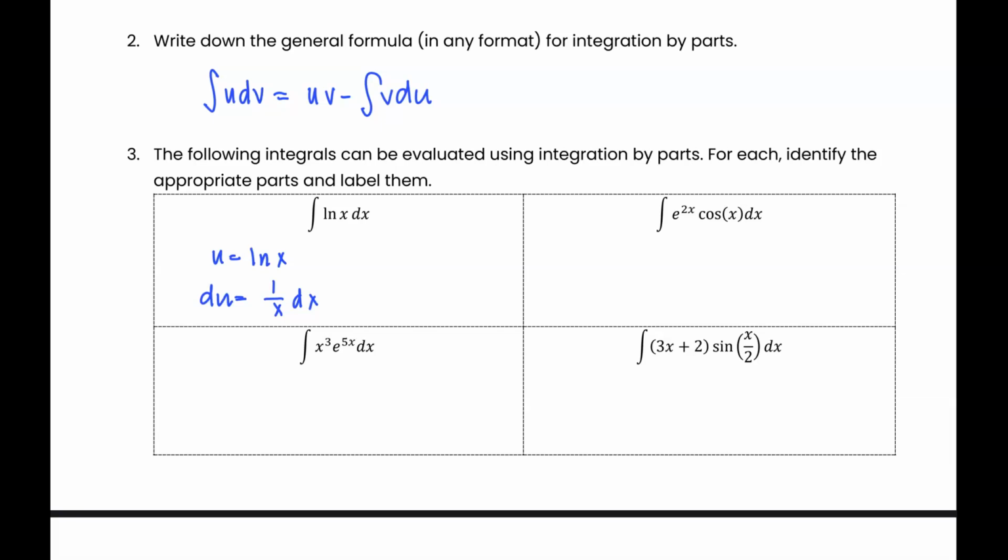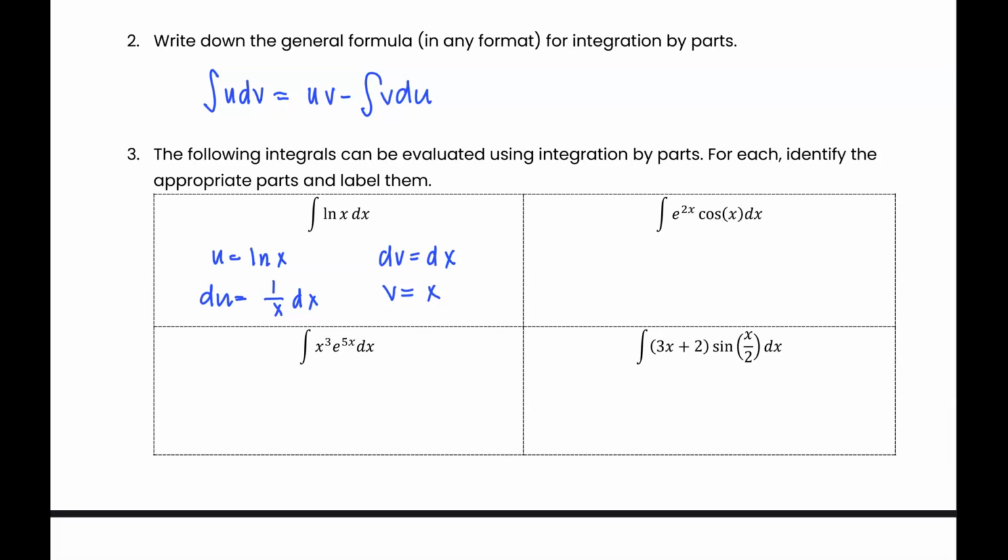And then strangely, we might be like, oh, I don't have a dv, but we can just set the dx there as our dv, which means that our antiderivative is just x. And you can already see if I multiply the v and the du, just like what happened in the previous question, my x and my 1 over x, that's just x over x, which is 1.